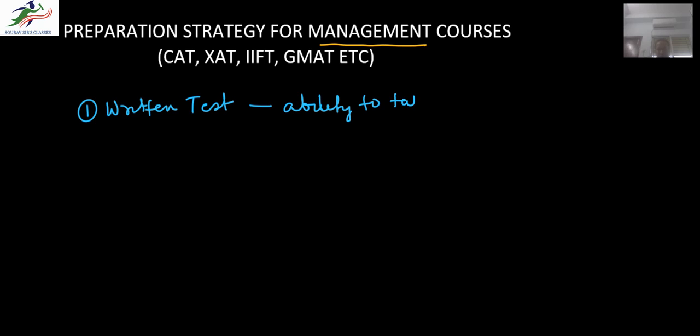Now let's talk about each of the stages. The first is the written test round. If you have seen any MBA entrance written test paper, it tests you on your ability to take decisions in a short span of time. Now what does that mean?